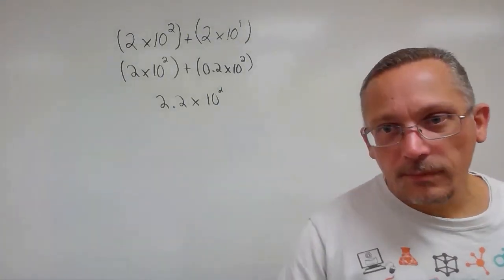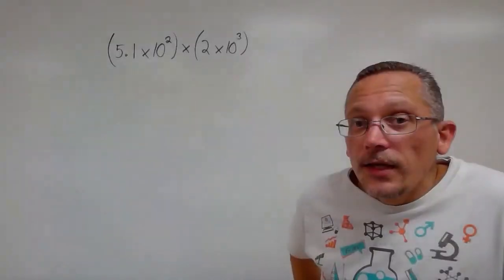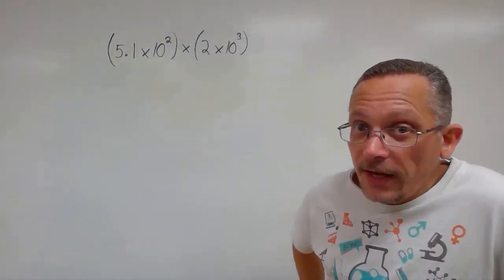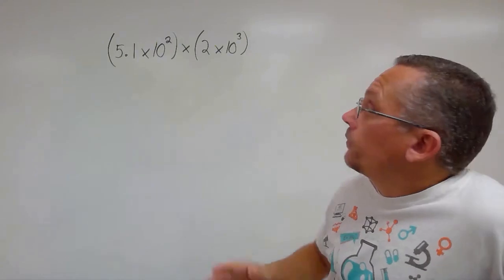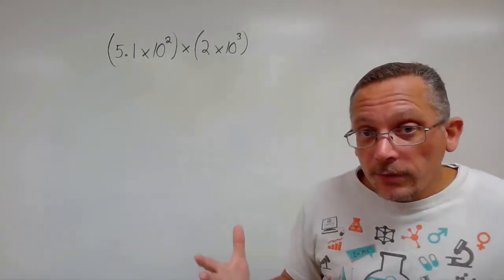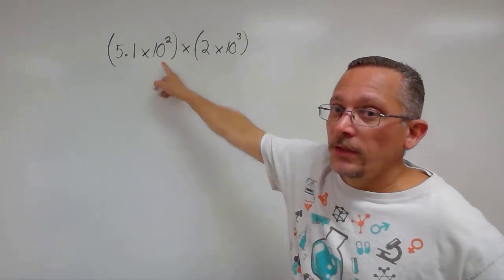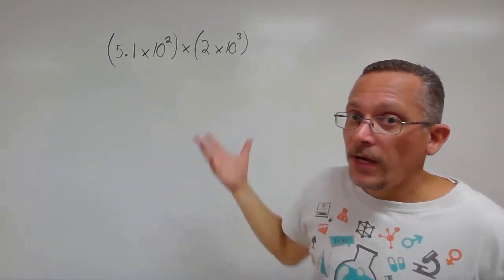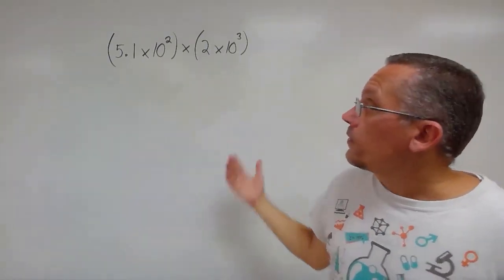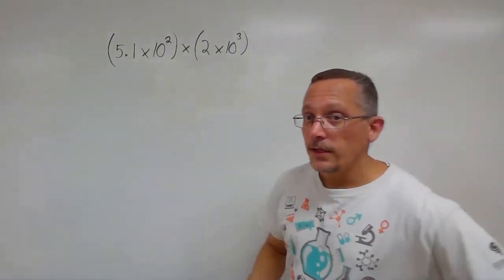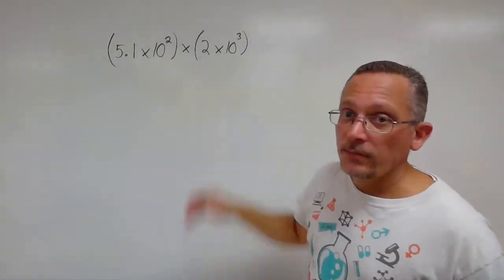Subtraction is exactly the same. Okay, now let's talk about multiplying and dividing numbers that are in scientific notation. Okay, when you multiply or divide, we're not going to keep the same exponent, so the exponents don't have to be the same. Okay, so you can see here I have 5.1 times 10 to the 2 times 2 times 10 to the 3rd.